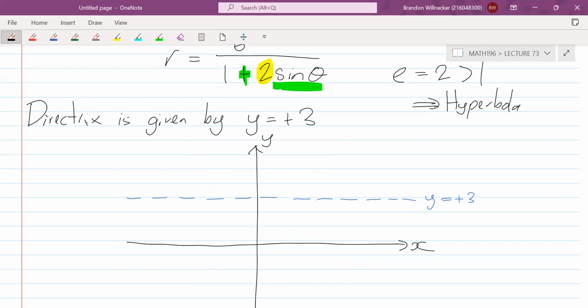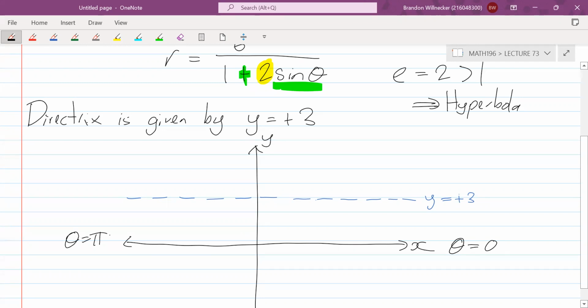Okay, so let's see what happens if we substitute different values of theta. The theta values that give us the x-intercepts are going to be when theta is 0, so we're on that side, and then on the other side when theta is pi.